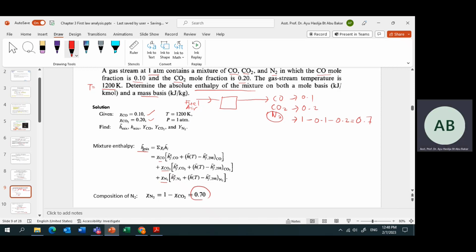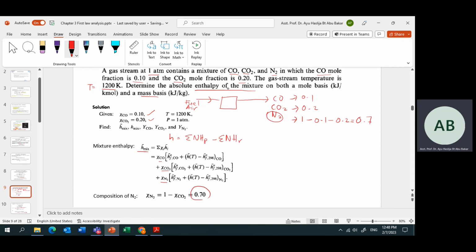Okay, we know that enthalpy of the mixture, that means enthalpy of the reaction, combustion reaction, so it is H product minus total of H reactant. Okay, but now it gives you only product.